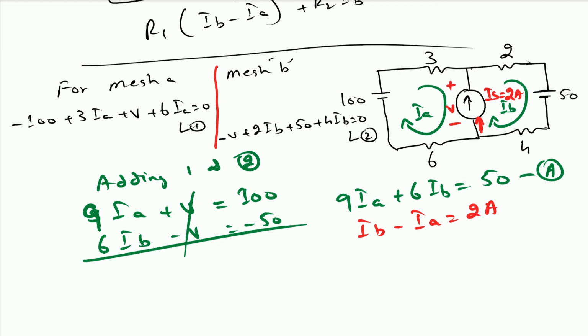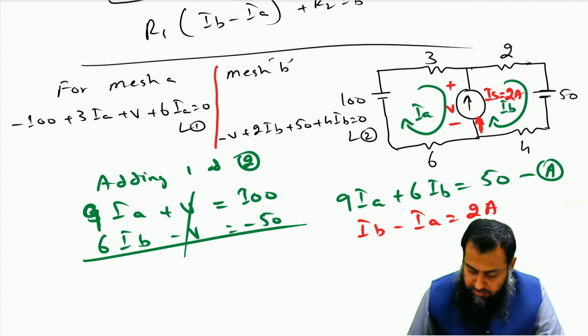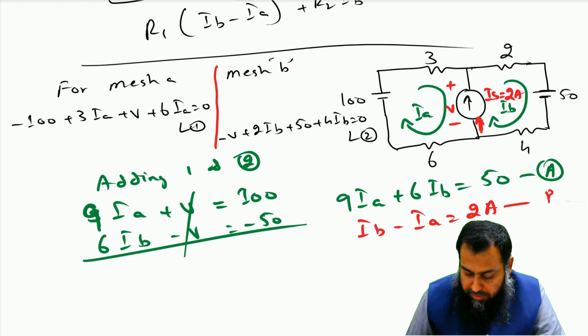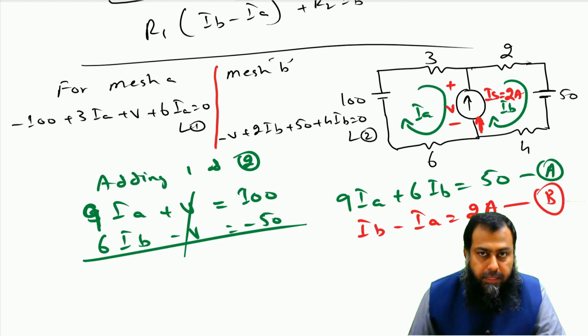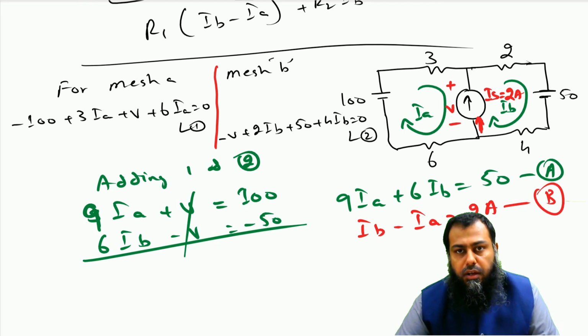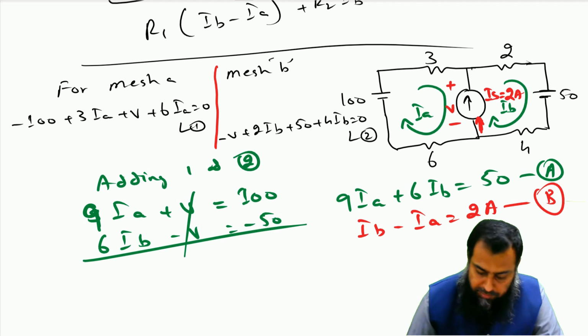So we need another constraint: the difference between mesh current A and mesh current B is the value of the current source common between mesh A and mesh B. So we have another equation, IB minus IA is equal to 2 ampere, and based on equation A and equation B, you can solve this circuit. That is the conventional method, if we do not apply the concept of the super mesh that I'm going to explain now.